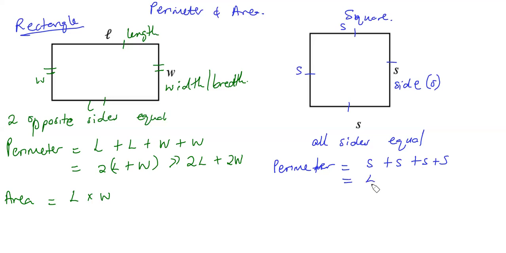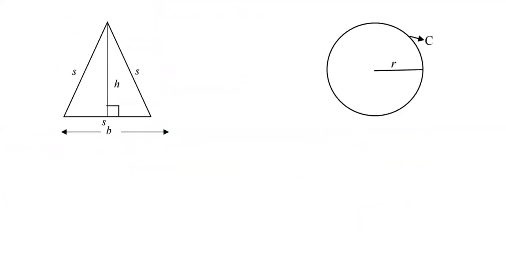It's going to be 4 times side. So 4 times the side that you're having. What about the area? Area is going to be equal to side by side. And what is side by side? It is side squared. That becomes our answer.